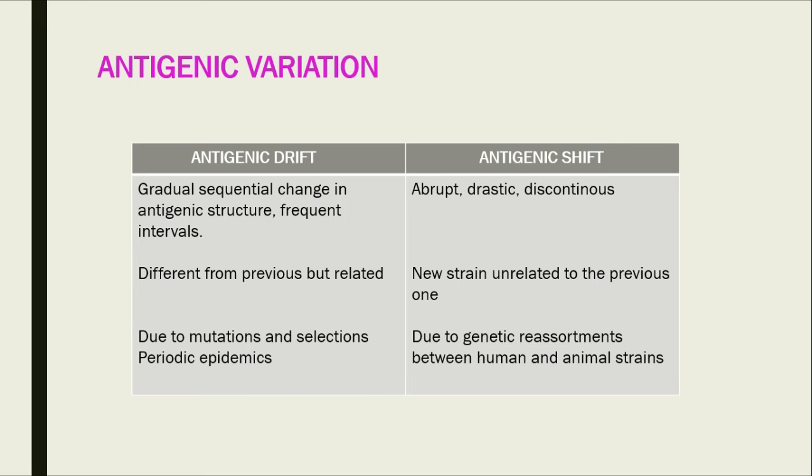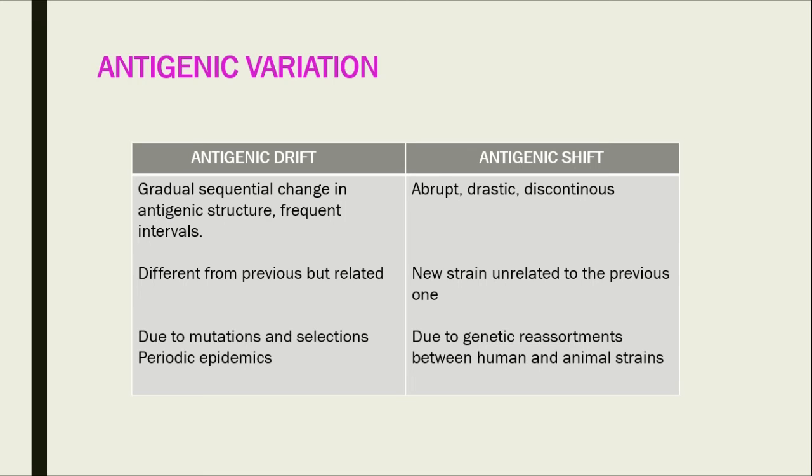Now, the major problem with influenza virus or Orthomyxovirus is that they show various types of antigenic differences or antigenic variation, and two patterns of antigenic variation are shown by this virus. They are known as antigenic drift, and the other one is antigenic shift. So these are the categories of antigenic variation shown by this class of virus.